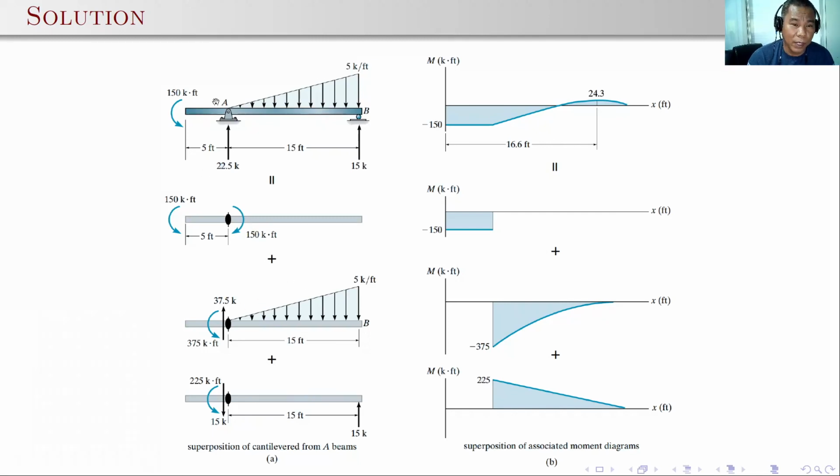Here, we can also apply it at point A. So it will give us cantilever beams on the left for the 150 couple, and also on the right for the triangular loading and the reaction. As you can see, we can combine the three simple moment diagrams, which are simpler compared to the resultant moment diagram above.